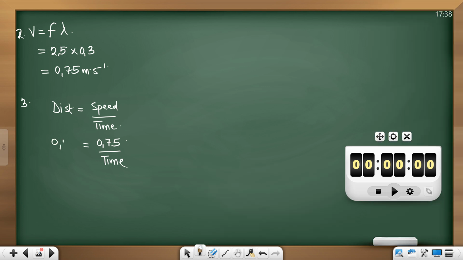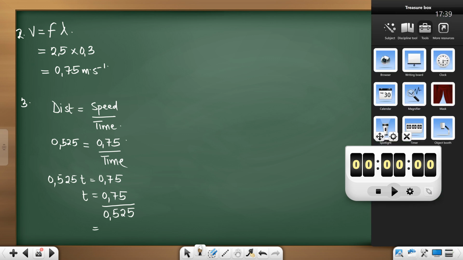So everyone knows how I got that, right? So what do we do? We can cross multiply. 0,525t is equal to 0,75. Let's divide. 0,75 divided by 0,525. Let's see, what is our answer going to be?